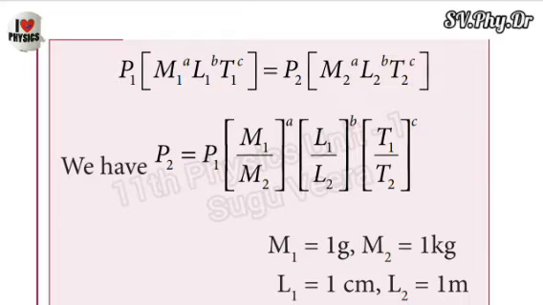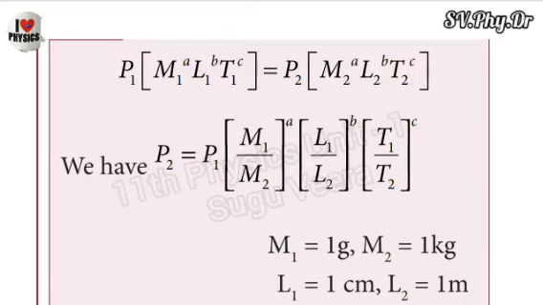So the left side is P1[M1^a L1^b T1^c], the CGS system, and it is equal to the SI system, P2[M2^a L2^b T2^c].